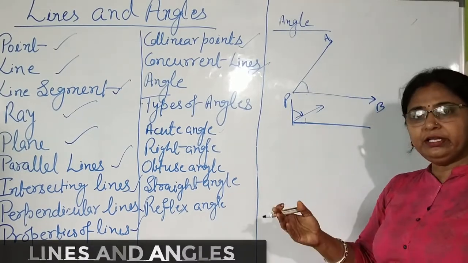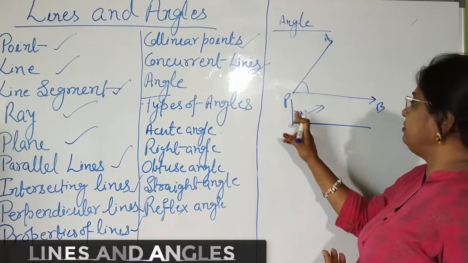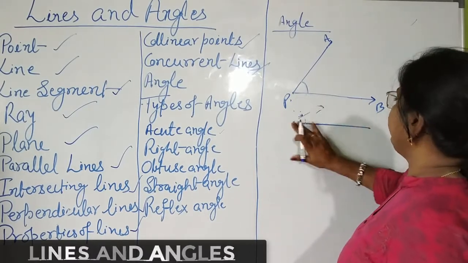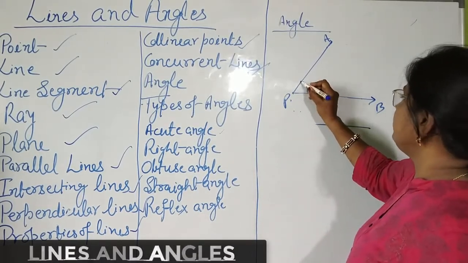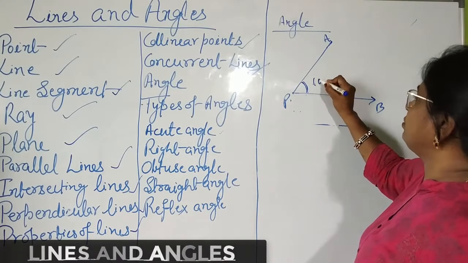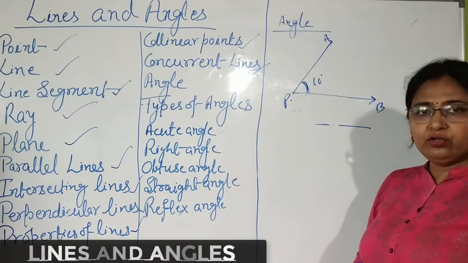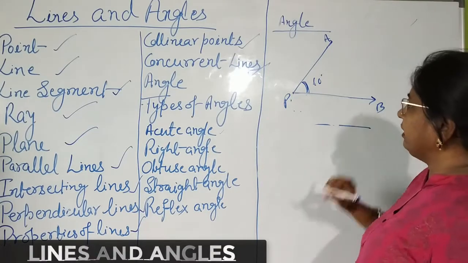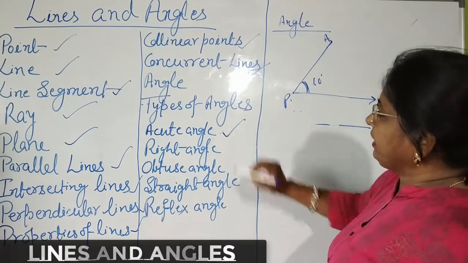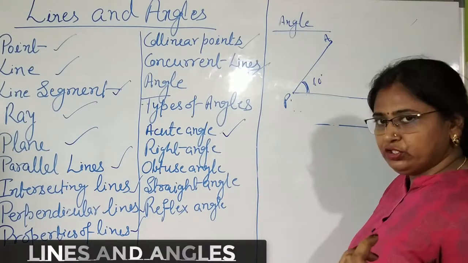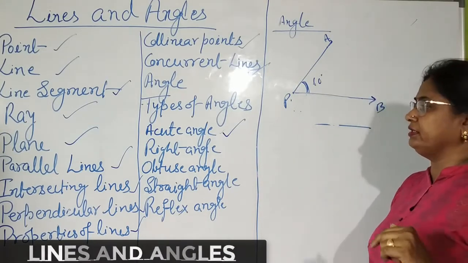Suppose 60 degrees, 70 degrees, 30 degrees are acute angles.